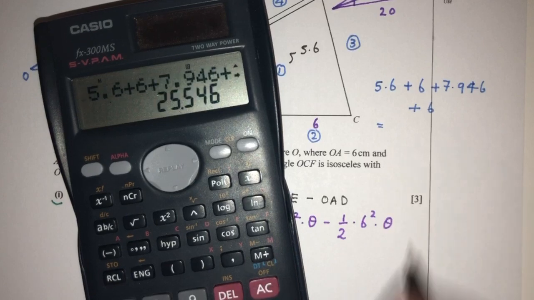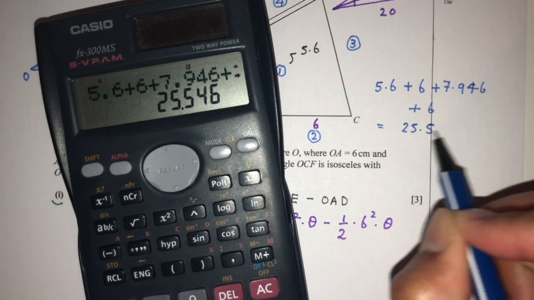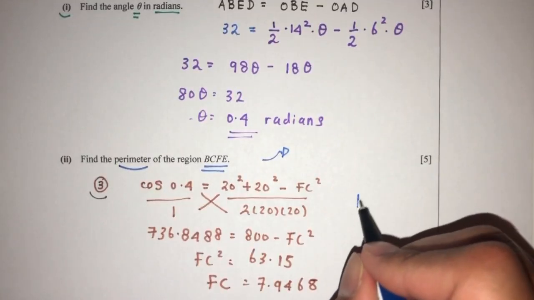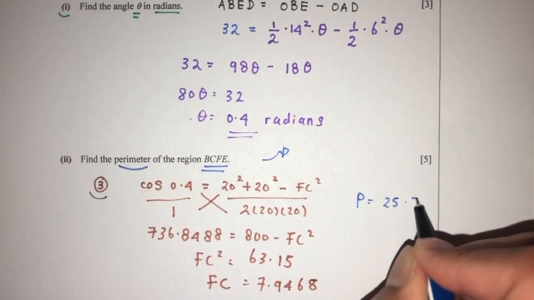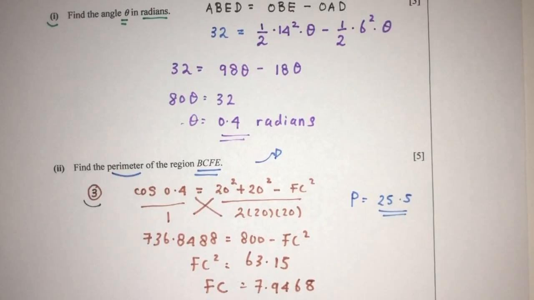That will be 25.5 for my perimeter. So this is part 2. 25.5 correct to 3 SF is the perimeter of that object FCB or BCFE, same thing.